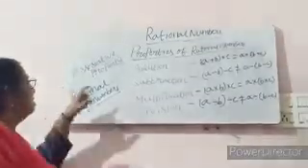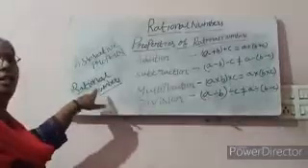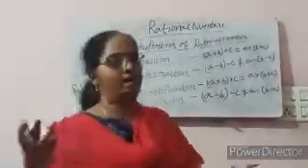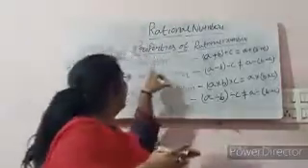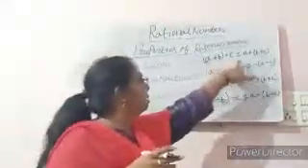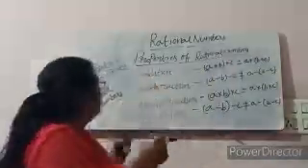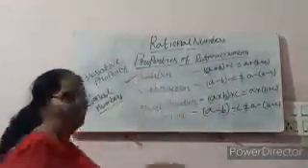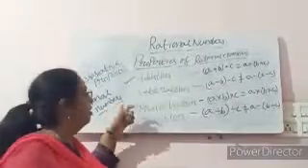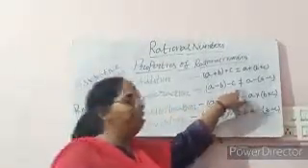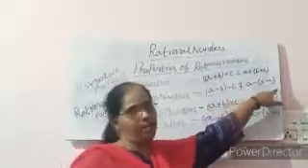Now we will see the associative property in rational numbers. It is also same as in whole numbers and integers. In the same manner, in addition, (A plus B) plus C is equal to A plus (B plus C). So addition satisfies the associative property of rational numbers. Whereas coming to subtraction, (A minus B) minus C is not equal to A minus (B minus C).